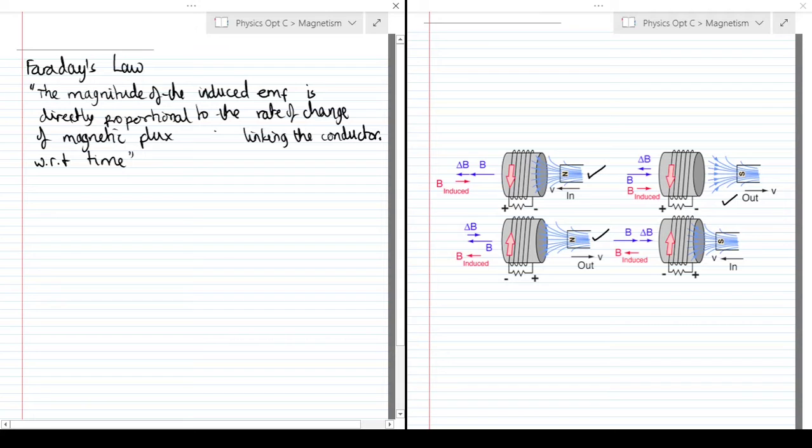The actual equation itself, we'll discuss afterwards, right? Now, so that gives us the magnitude.